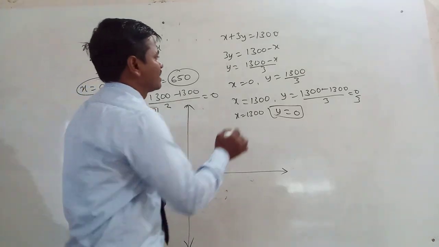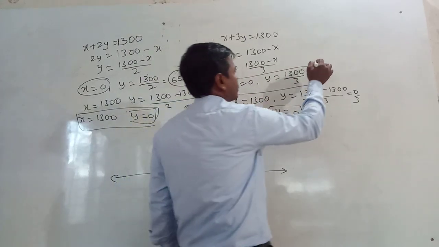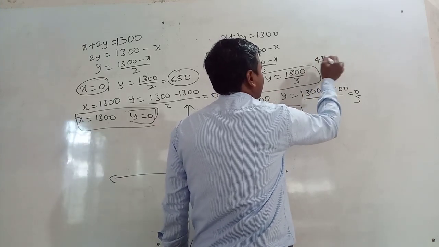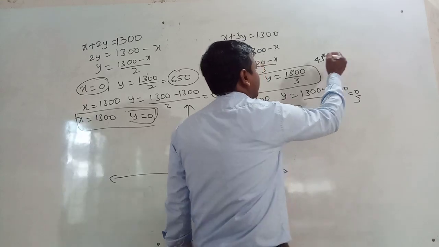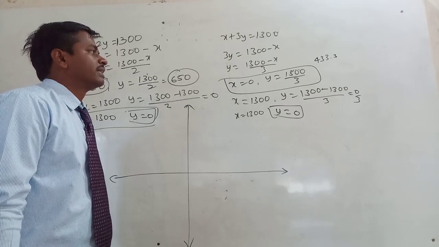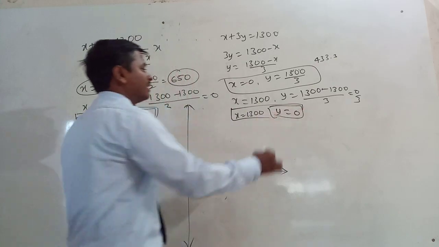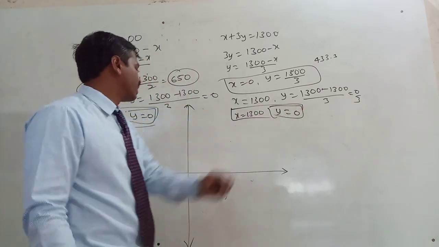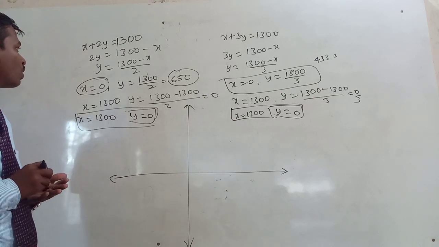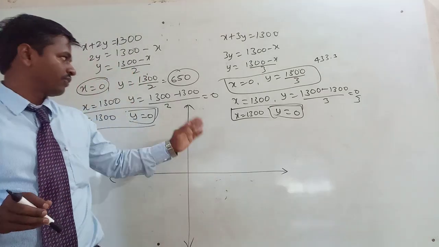In the second case, x equal to 0, y equal to 1300 by 3, which is around 433.33, and x equal to 1300, y is 0. For the scale, we can take 1 centimeter equal to 650.